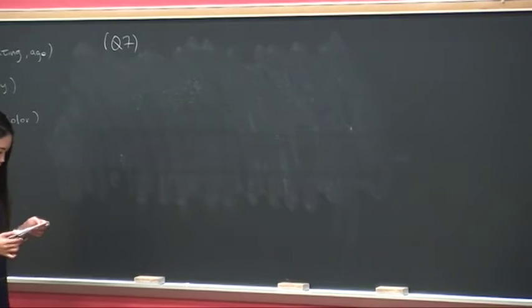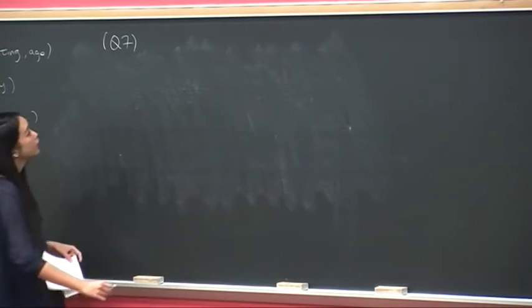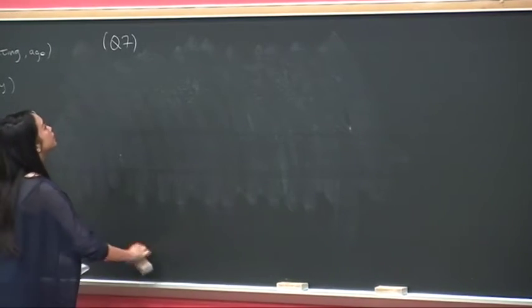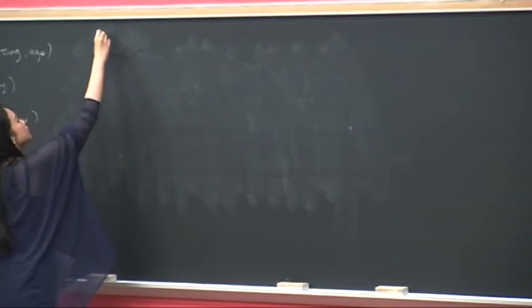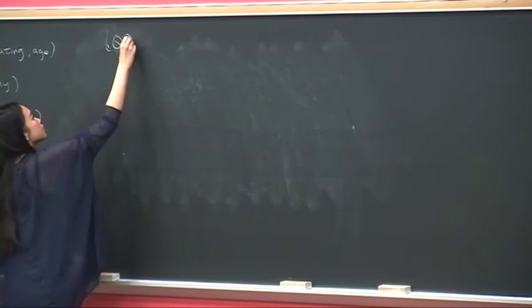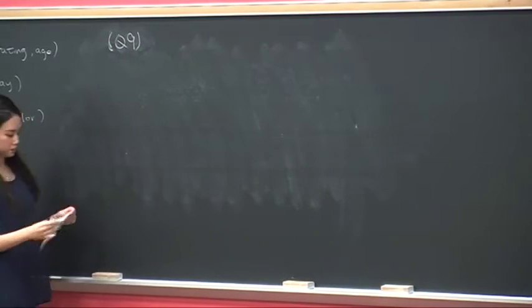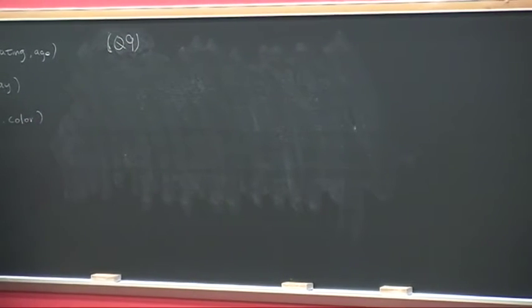Okay, let's get into query 9. Okay, so query 9, we want to find the names of sailors who have reserved all boats.